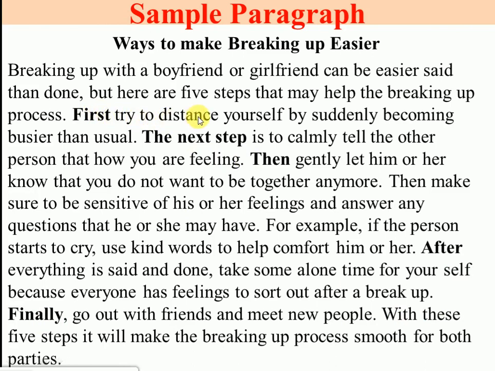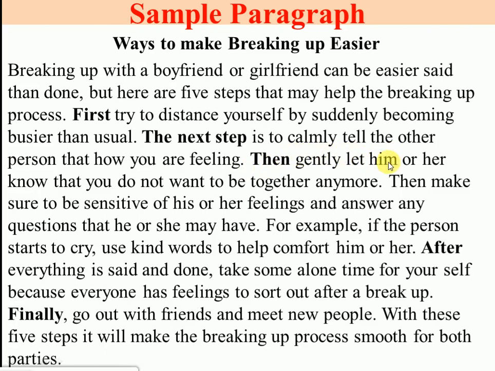So first, try to distance yourself by suddenly becoming busier than usual. The next step is to calmly tell the other person how you are feeling. Then this is the step of the process analysis paragraph.